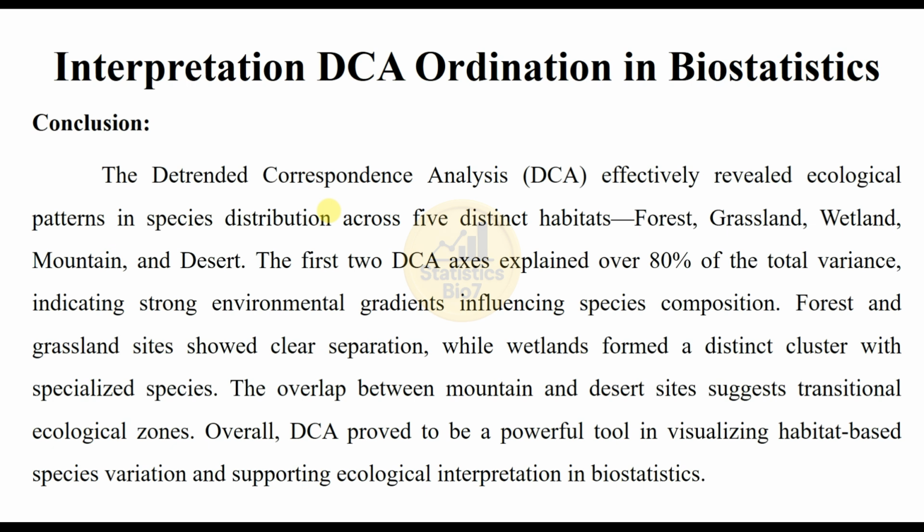The forest and grassland sites show clear separation, while wetland formed a distinct cluster with specialized species. The overlap between mountain and desert sites suggests transitional ecological zones. Overall, DCA proved to be a powerful tool in visualizing habitat-based species variation and supporting ecological interpretations in biostatistics.